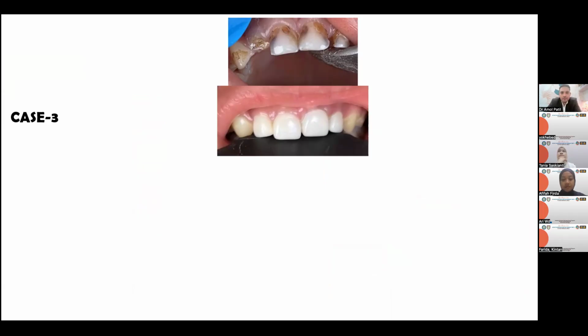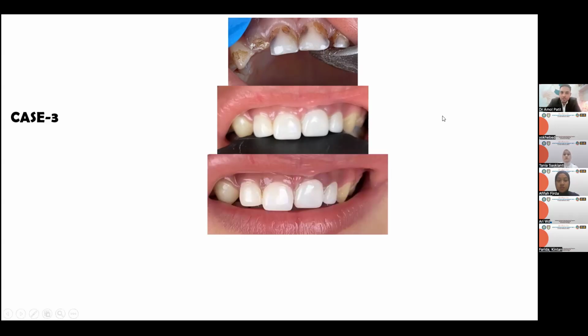Now, when we do restorations with the zirconia crown in such badly decayed teeth, where the crown is destroyed up to the CEJ, what we need to do is remove at least 2 mm of the obturating material from the canals. Like in this case, the tooth was obturated. Post obturation, at least 2 mm of the obturating material was removed up to the CEJ, and then a GIC core was used to restore this tooth.